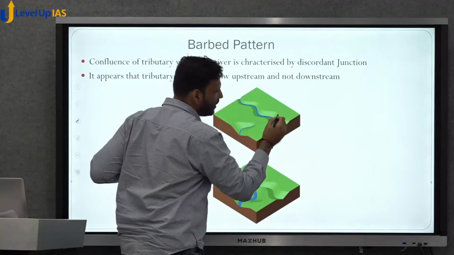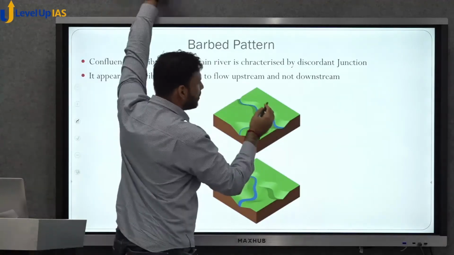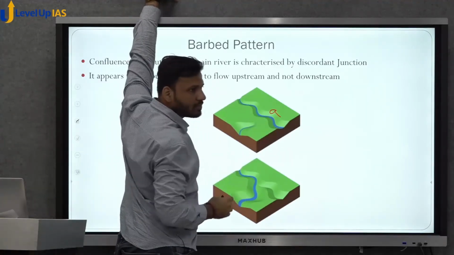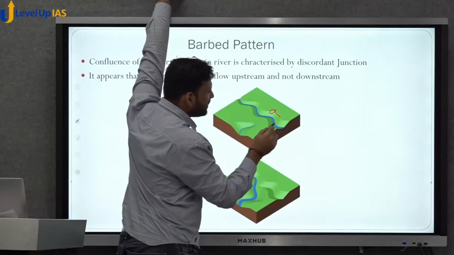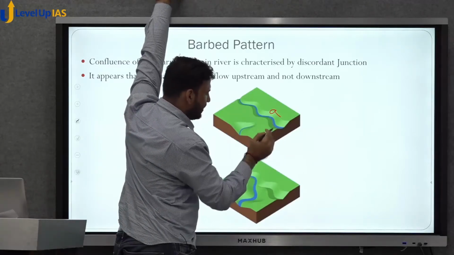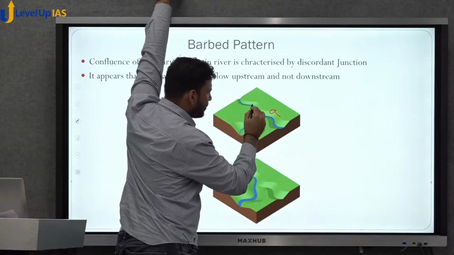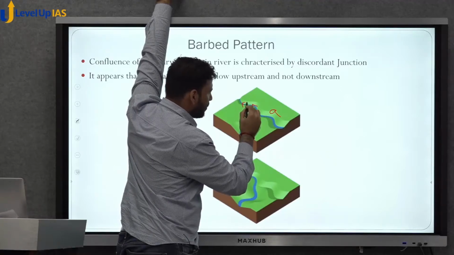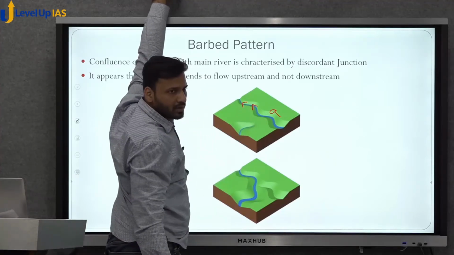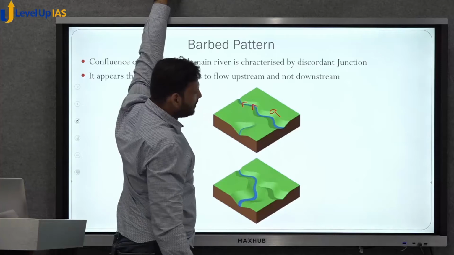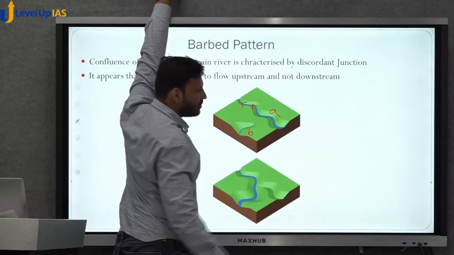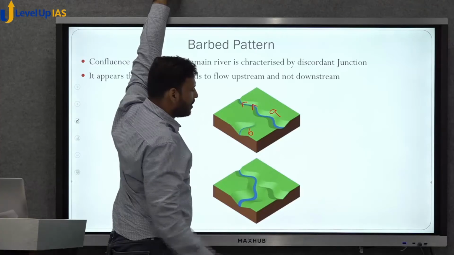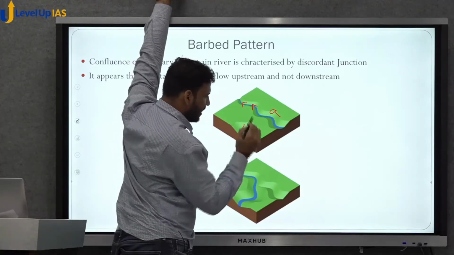This is river A. River A is flowing, let us say, in this direction. Getting it? Nearby, you have an origin of river B. River B is flowing in this direction.